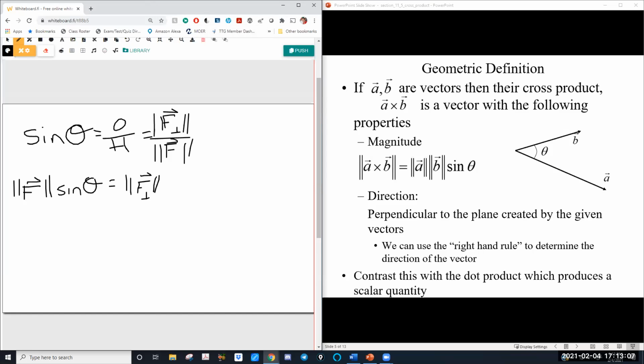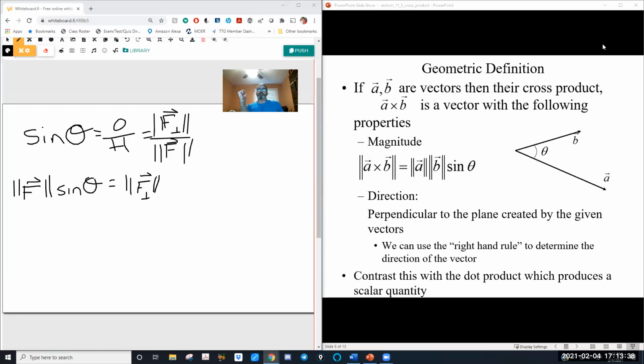So let me show you how I would do the right-hand rule on this one. I would take my hand and put my fingers in the direction of the first vector. Since I'm doing A cross B, I put my fingers in the direction of A, curl them in the direction of B, and then my thumb tells me which direction the normal vector is pointing.